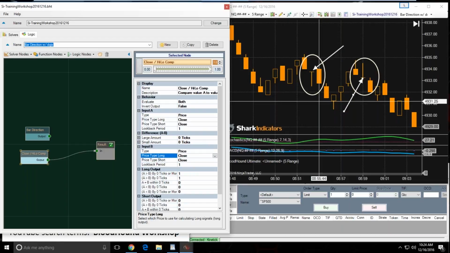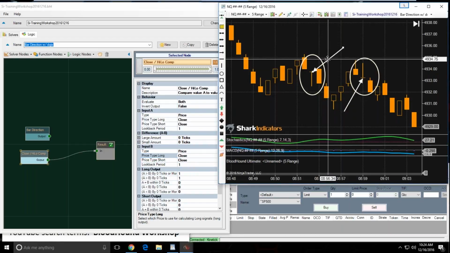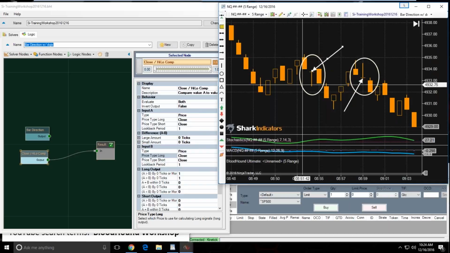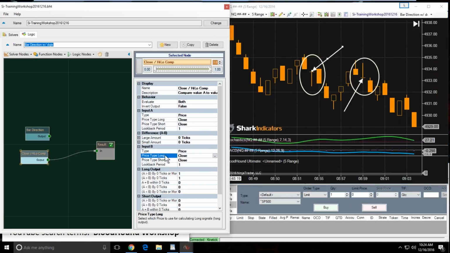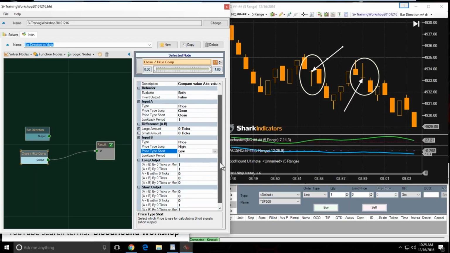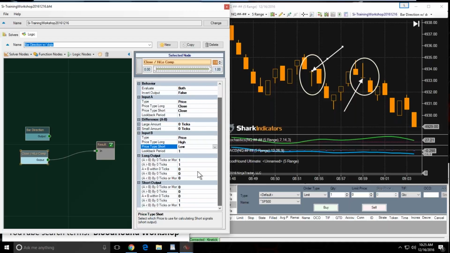In this case, for a long situation, that means the closing price is going to equal the high. So for a long here, we're going to use the high, and for a short situation, we're going to use the low, like that. Now, next step is we need to change our outputs here.